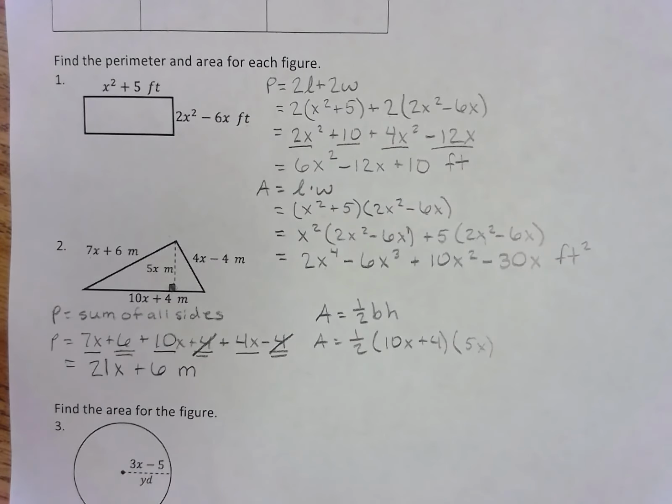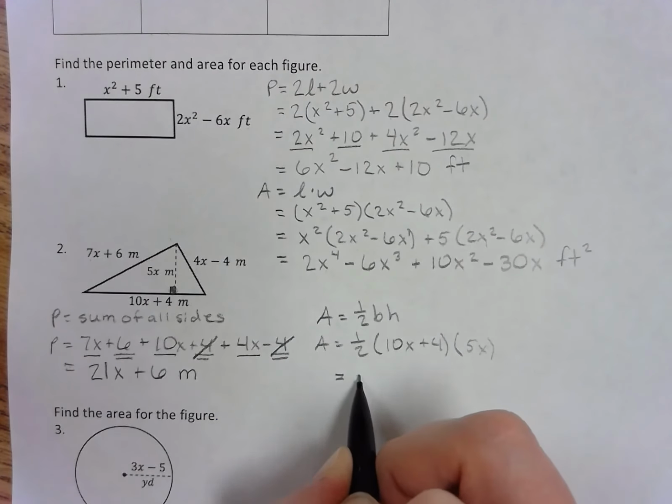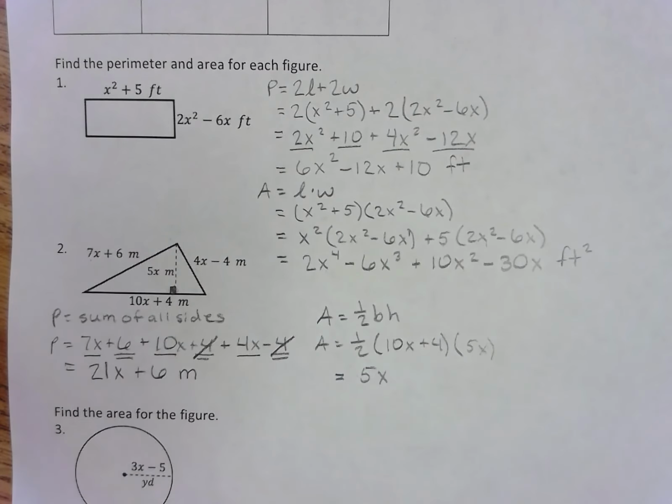At this point, it doesn't really matter how you multiply. You can do the 1/2 times the 10x plus 4. You could go ahead and do the 5x times the 10x plus 4, whatever order you want to multiply. I'm going to stick with the 1/2 times the 10x plus 4 because those are both even, and I can take half of both of those numbers, so it does away with this fraction. So half of 10 is 5, and don't forget your x.